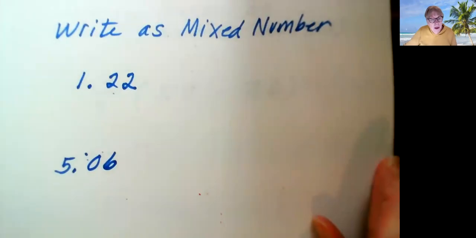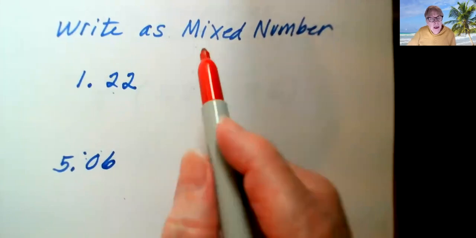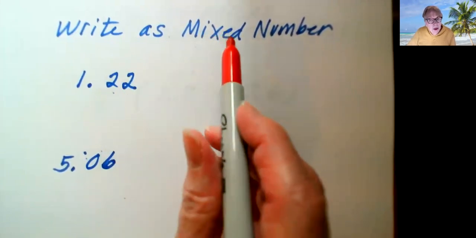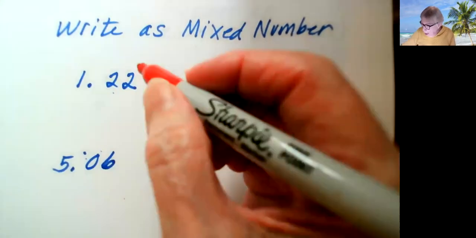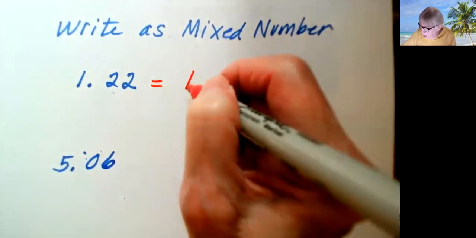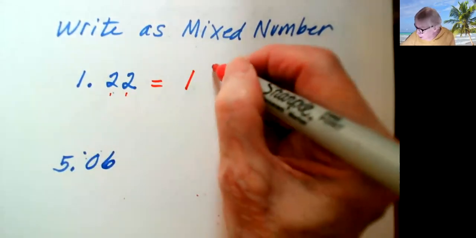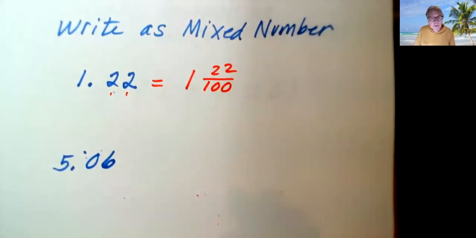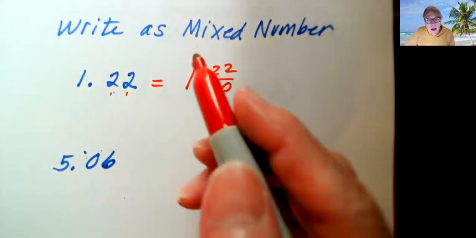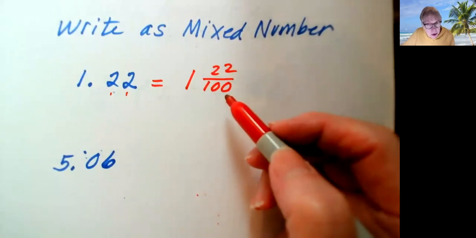Now, there's a couple more little sections, and so I'm going to proceed with this. This is a decimal, and they want a mixed number, basically a whole number and a fraction. And so this would have to be 1. This is tenths. This is hundredths. 1 and 22 hundredths. Well, the 1's good, but the 22 over 100 needs to be reduced.